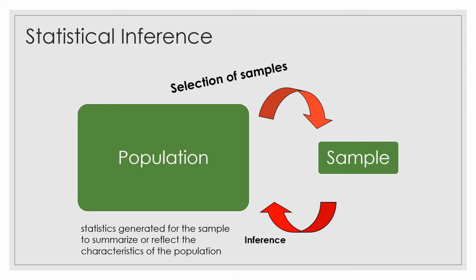And because of that, we select samples from our target population. In this case, our target population is all US citizens who are eligible to vote, who are also 18 and above. So we select samples maybe from each state, from the US citizens.